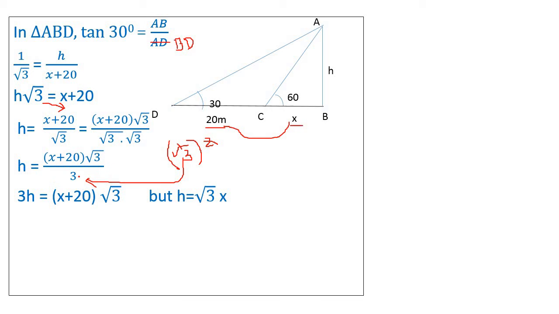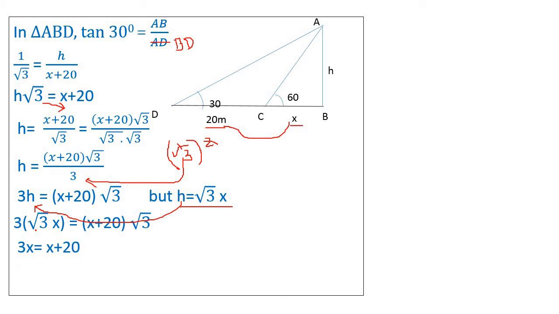Therefore 3 into h is 3h, which is equal to x plus 20 root 3. But what is h? H is equal to root 3x. Already we have calculated. Let us substitute the value of h here. So it becomes 3 into h, root 3x, is equal to x plus 20 root 3.